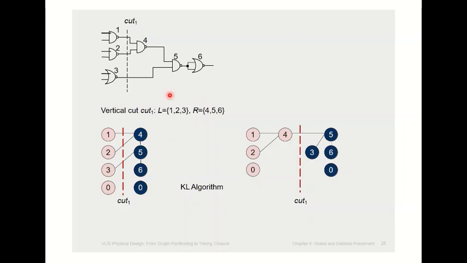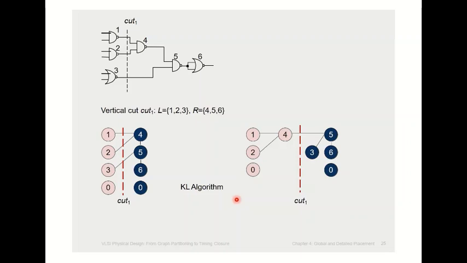So randomly we cut vertically first to split into half. So randomly we have 1, 2, 3 on the left partition and 4, 5, 6 on the right partition. So graphically represented like this. And we will be using KL algorithm, as I mentioned in module 1.